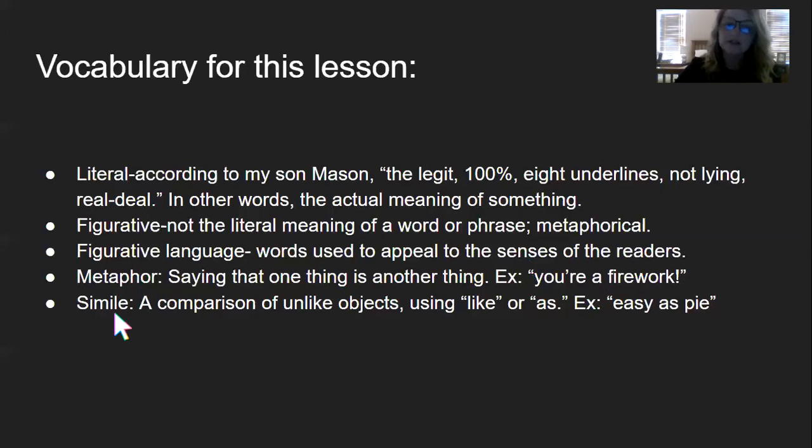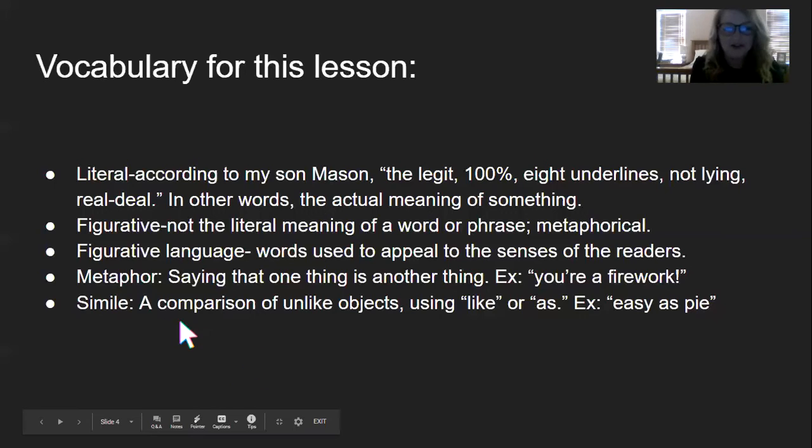The simile is another thing that I believe you guys have had some experience with, and that's comparison of unlike things or unlike objects, and you use the word like or as. So an example of that would be the phrase, that's easy as pie, right? So something being easy and pie aren't really related, but you say that's easy as pie. That's a metaphor.